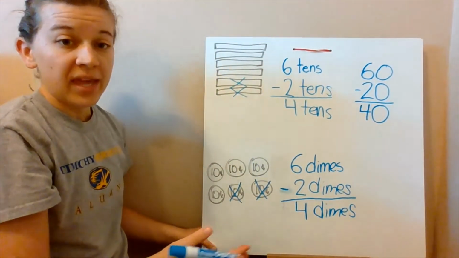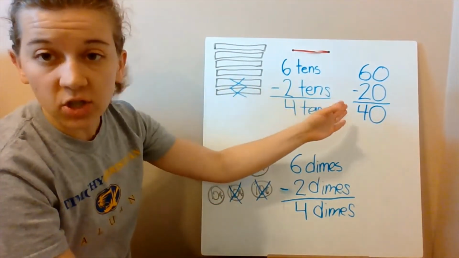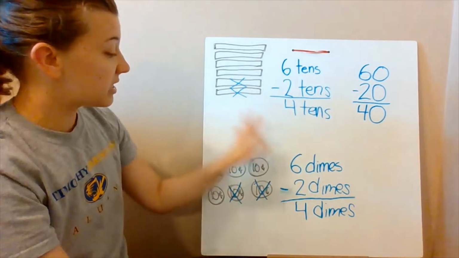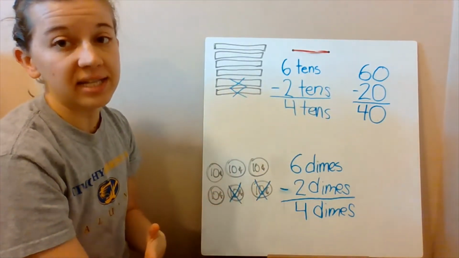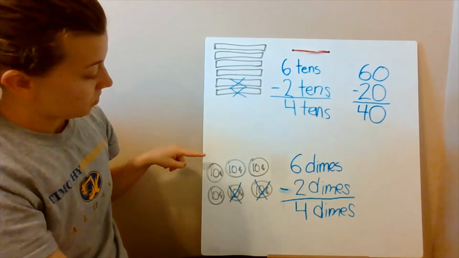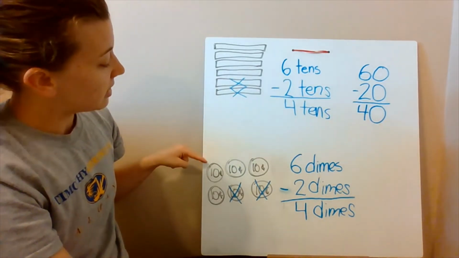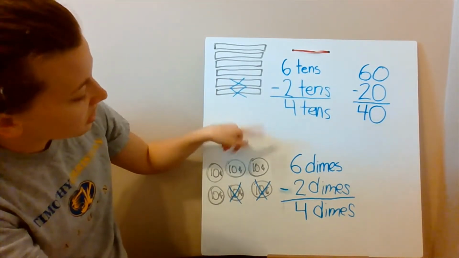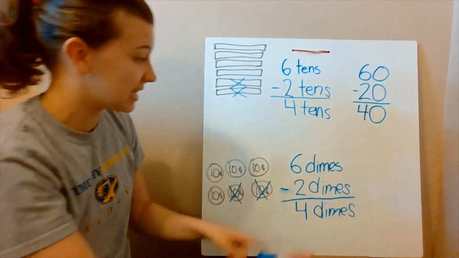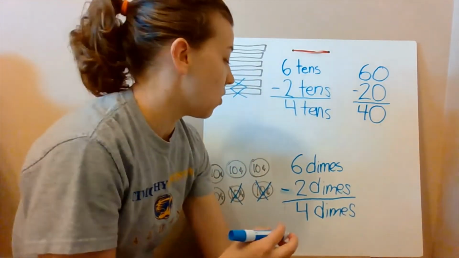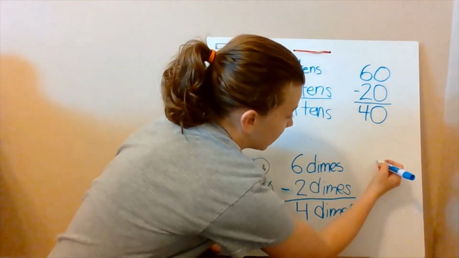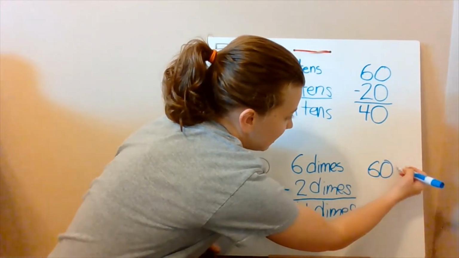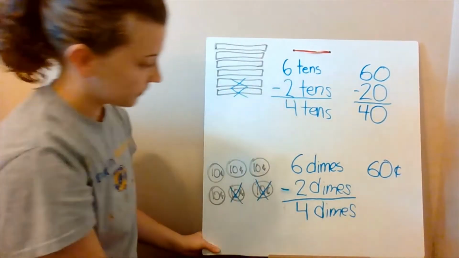Very good. Now let's write it with digits, just like we did up here. So what is 6 dimes equal to? How many cents is it equal to? Well, let's count. Count by tens, right? 10 cents, 20 cents, 30 cents, 40 cents, 50 cents, 60 cents. Okay, so over here, we're going to write 60 cents. Good.